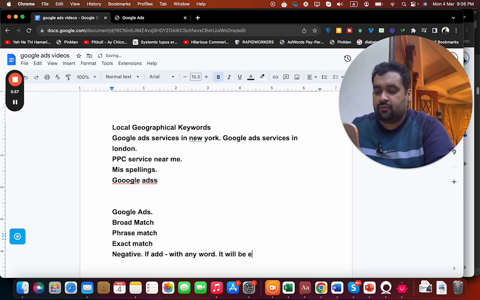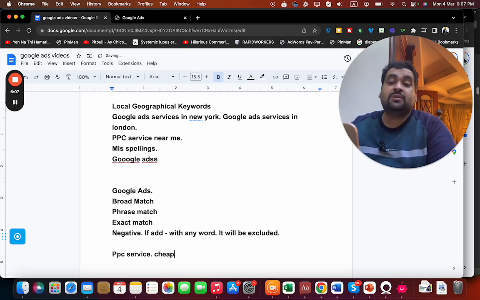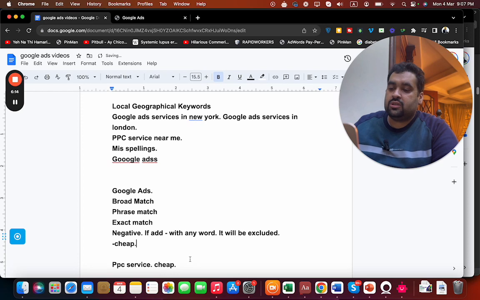For the negative keywords, for instance, I am targeting PPC service, but I do not want my ad to show if someone is searching for a cheap PPC service, because I'm selling a premium service. So I will add cheap as a negative word in my Google Ads, and once someone searches for a cheap PPC service, my ad won't be shown.